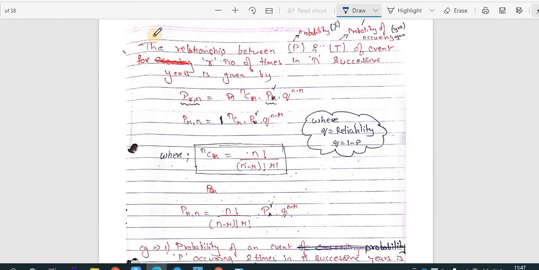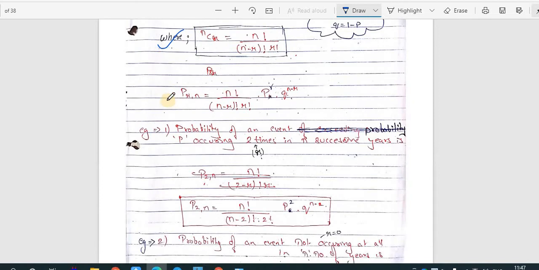After that, there are certain relationships between the probability and the occurrence of an event. So generally the P(r,n) value equals nCr into p^r into q^(n-r), where q is the reliability and q is given by the formula 1 minus p. nCr we can calculate by n! divided by (n minus r)! into r!.